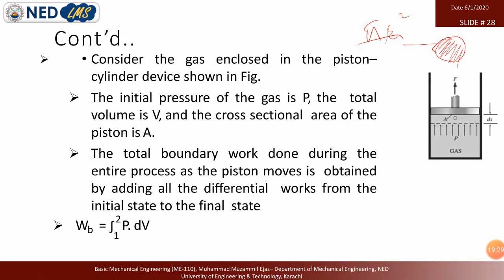So when the area is constant, when we move the piston from this point to this point, the volume is increased by A ds. The area is constant, and just by multiplying it by this change in distance, we get the increased volume. We have initial pressure P and volume V. The total boundary work done during the entire process as the piston moves is obtained by adding all the differential work from the initial state to the final state.